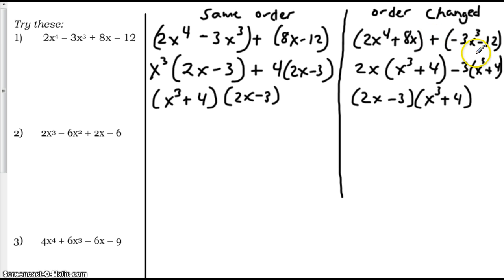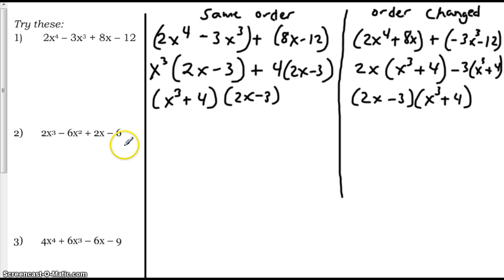If you chose this order of the terms, then you would have factored out 2x from your first pair and a minus 3 from your second pair, and you would get the same answer for the factored problem.